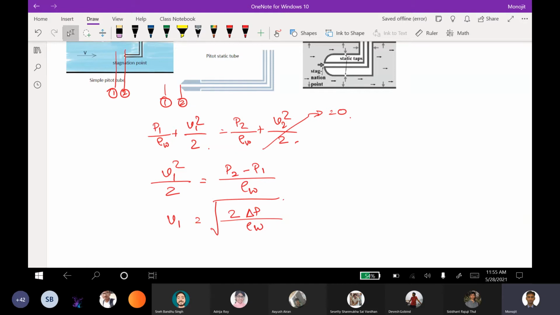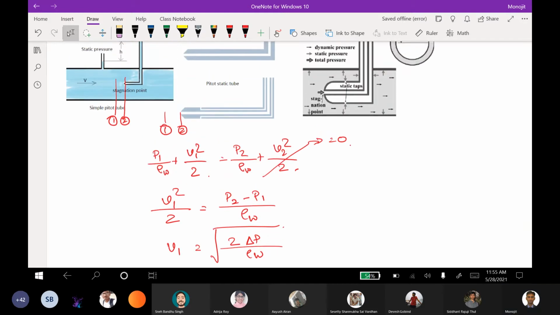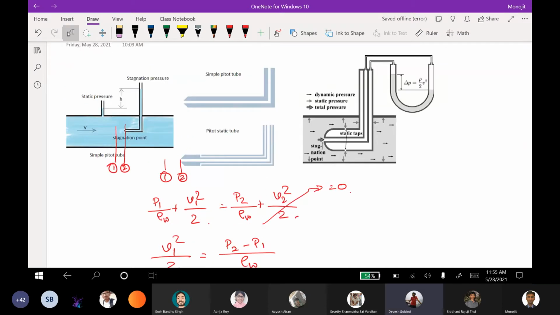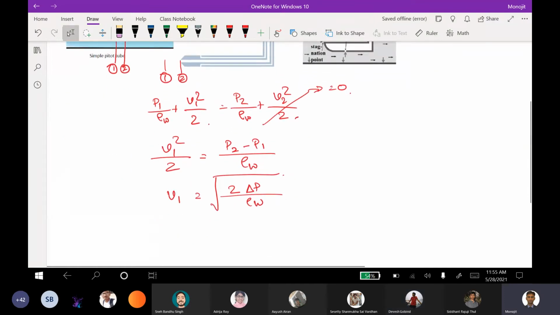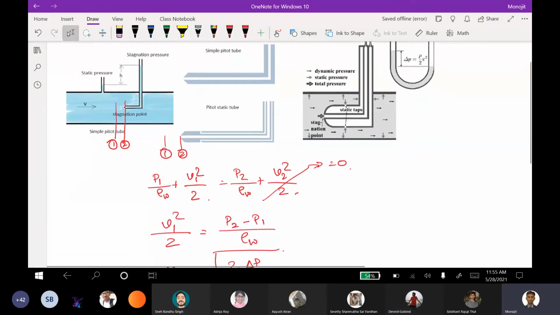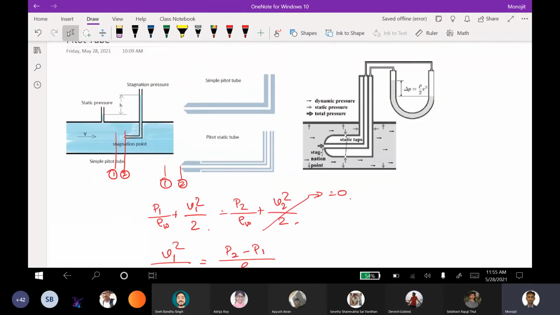Now, how will we get this delta P? The difference between the static pressure and stagnation pressure. While I'm taking this assumption, exactly the answer that you say, the height difference between the two limbs of your manometer will give us this pressure difference.